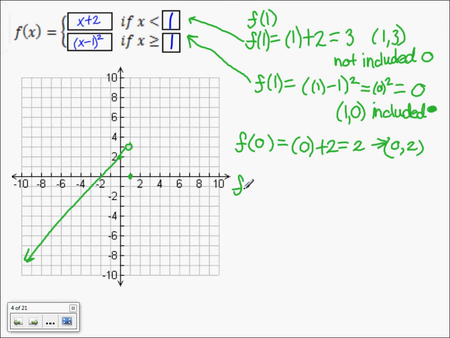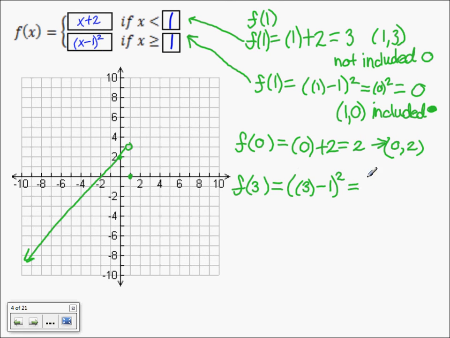Now, I want to work with the second half of the piecewise function by finding a number that is larger than 1, or possibly 1 itself. And I'm going to choose 3. So we're going to use the second part of the piecewise function, 3 minus 1 squared.